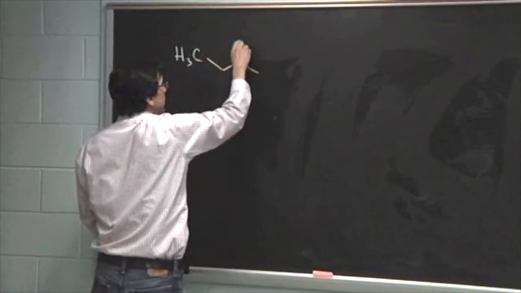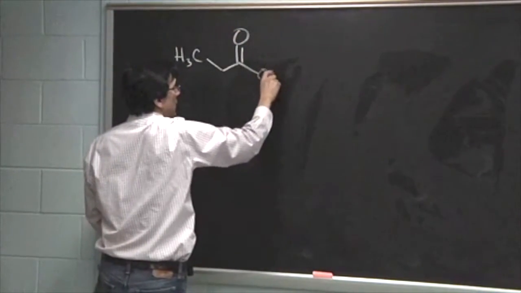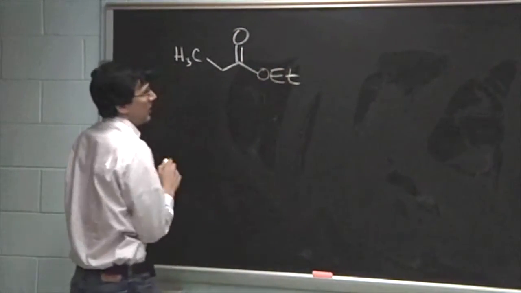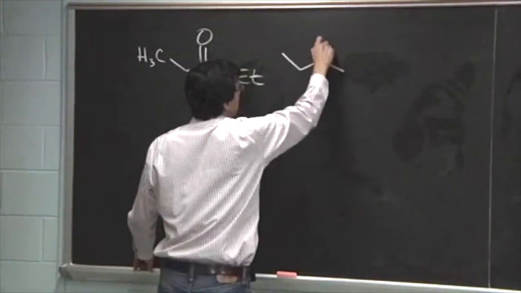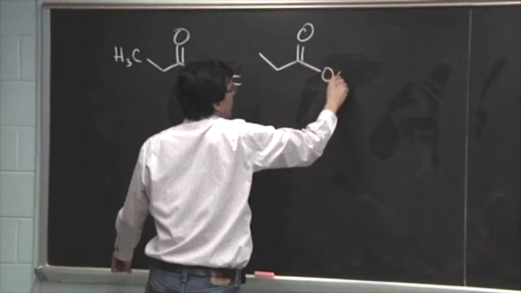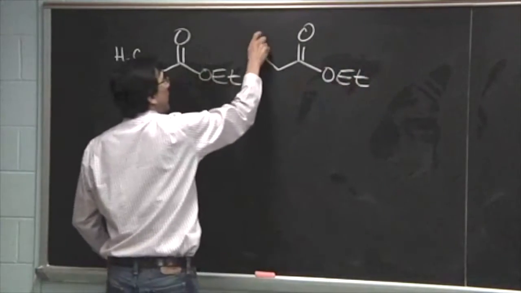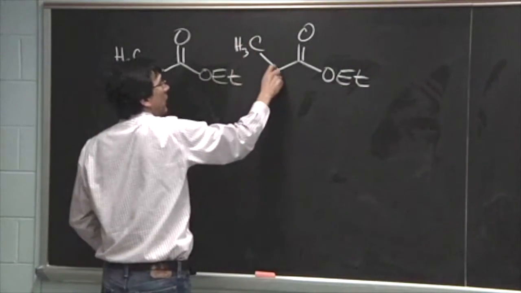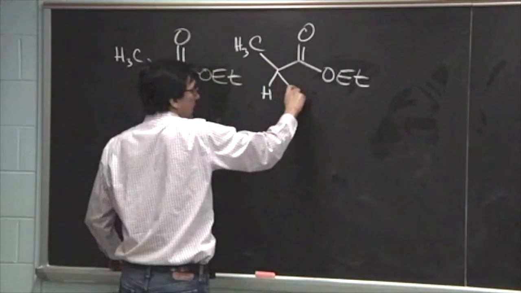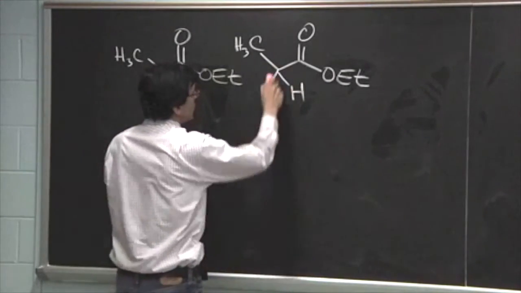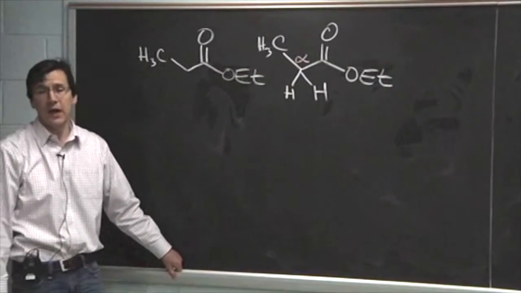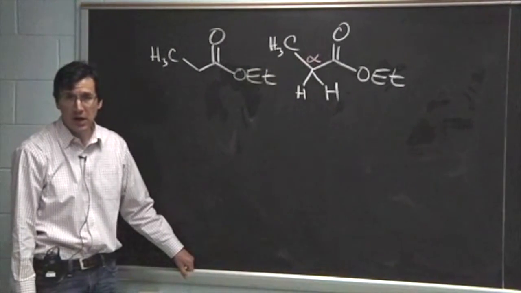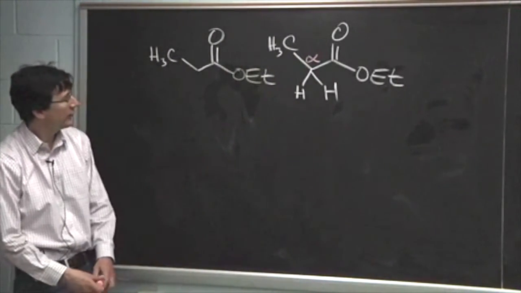Recall that our starting material was going to be this ester, and we're going to carry out a Claisen condensation. So we will need a second equivalent of the ester. And in the Claisen condensation, we do want to check for a good Claisen condensation. We should have at least 2 hydrogens at the alpha position of the ester building block, which we do in this particular case.